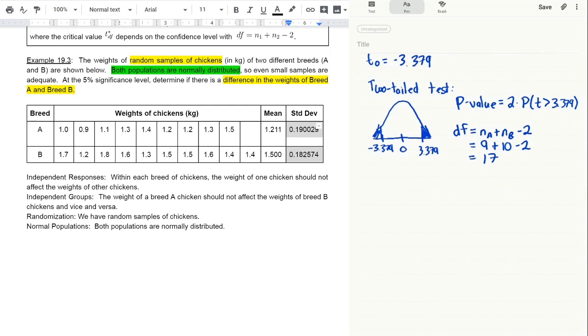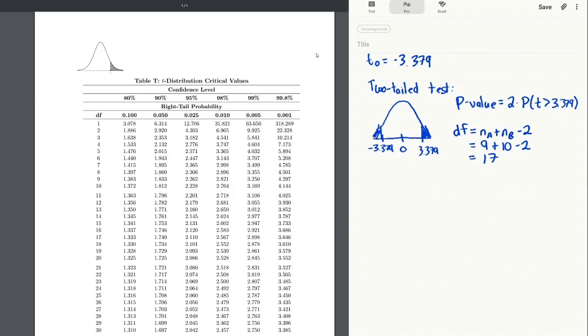So now let's use our t-table to determine the p-value. So we have 17 degrees of freedom, and we need to locate where 3.379 falls in between, and it falls between these two values.